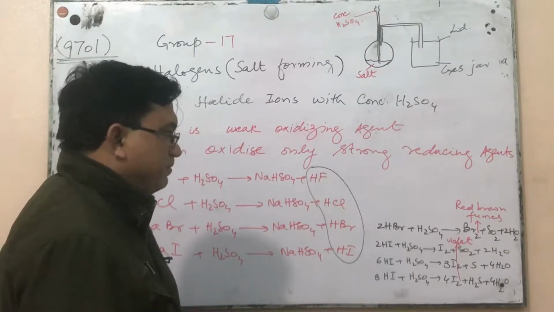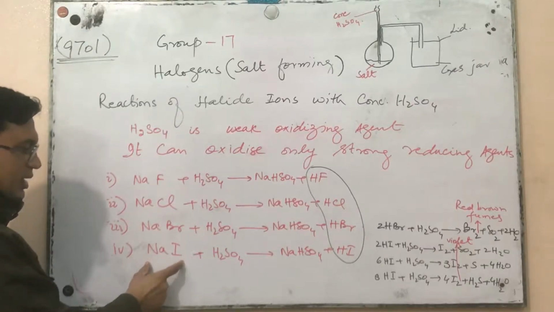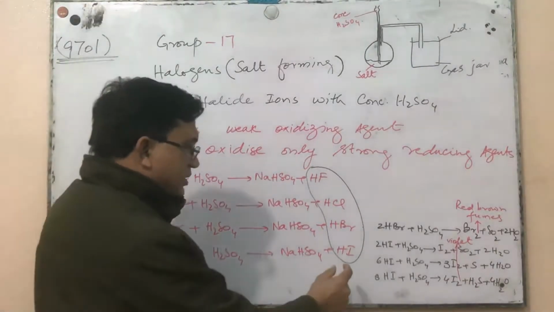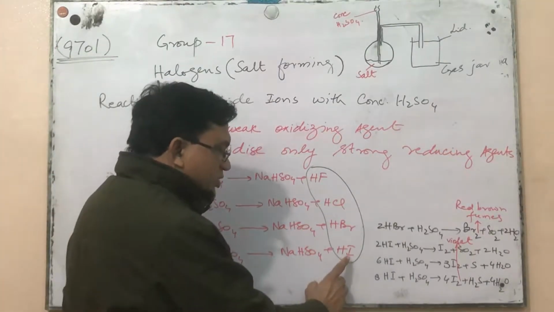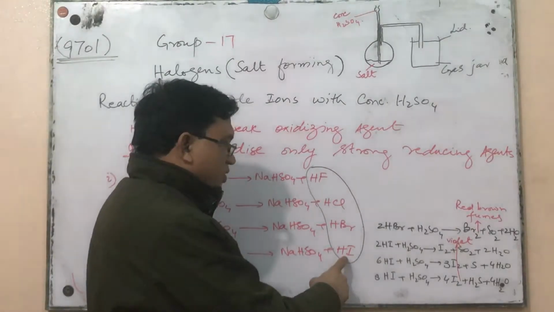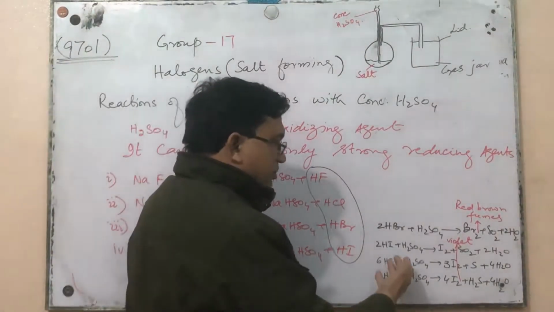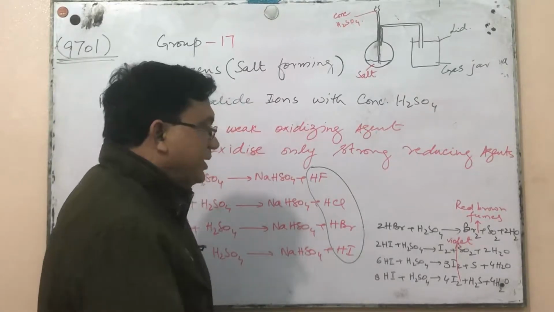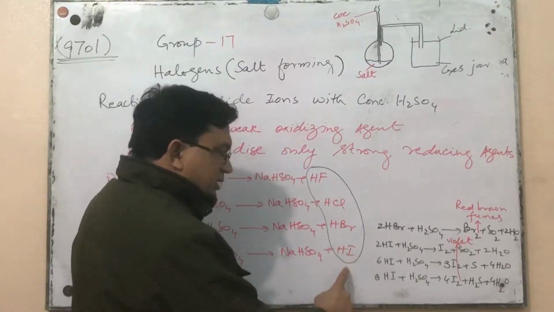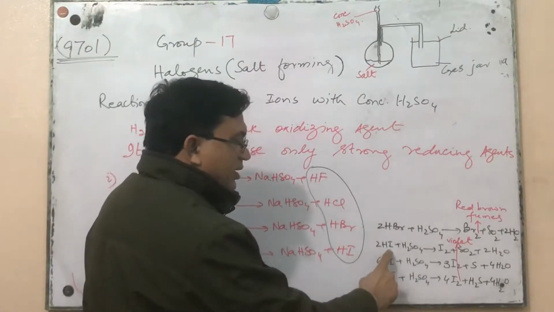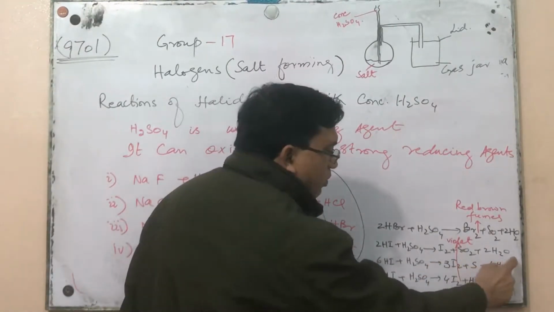Next, if we use sodium iodide and react it with concentrated sulfuric acid, as a result we will get hydroiodic acid. But this is a strong reducing agent, so its reaction with further sulfuric acid becomes possible. It reacts in different ways. For example, if a lesser number of moles of HI react with sulfuric acid, it will produce iodine, sulfur dioxide and water.